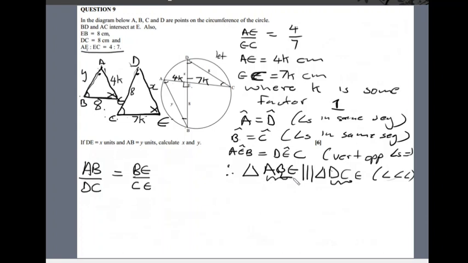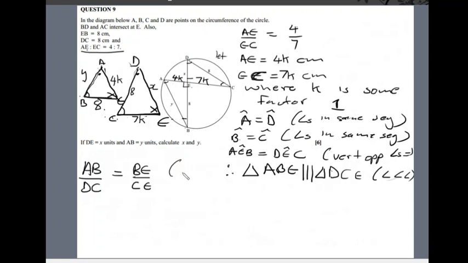So I hope you can see what I'm trying to show you, right? Because the order is very important when you are stating a similarity like this, right? So I write this because I have similar triangles.